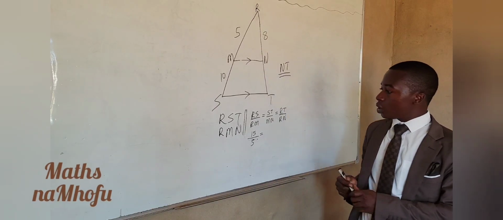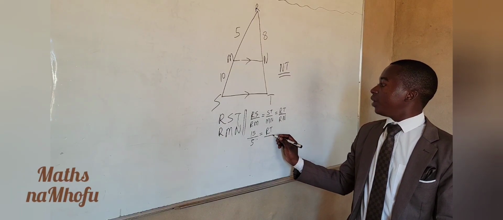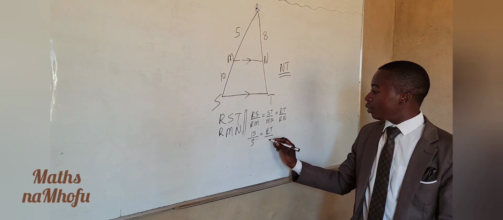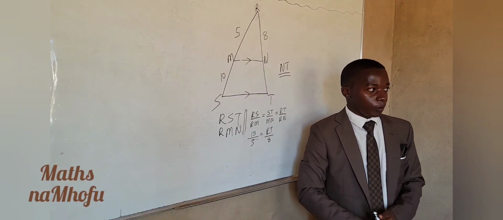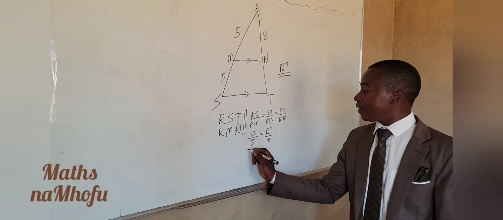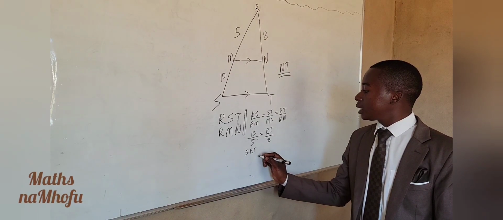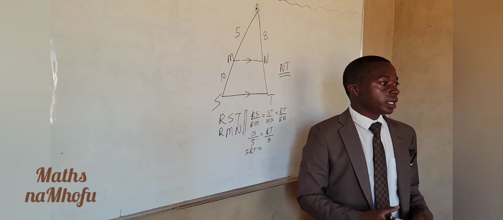So equals RT over RN. RN we have, which is 8. So what are we going to do? We are going to do cross multiplication. RT times 5, that will be 5RT equals 15 times 8.